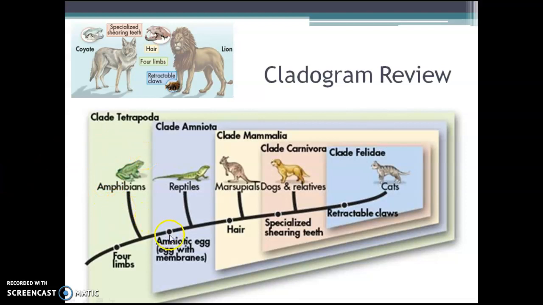Our next node says amniotic egg, an egg with membranes, and reptiles, mammals all have an amniotic egg. Maybe not an egg as you think of it, but it is there. And so that's called clade Amniota. Clade Amniota includes all of these animals except for the amphibians. The presence of hair defines clade Mammalia.